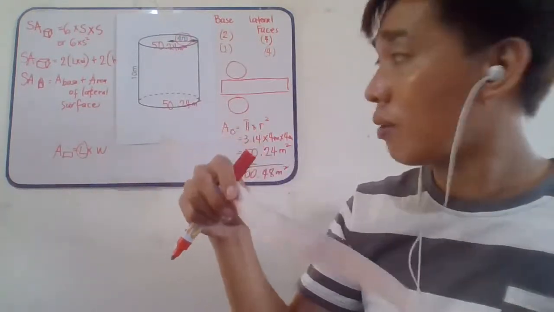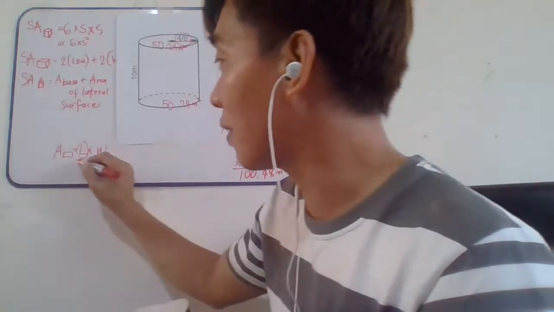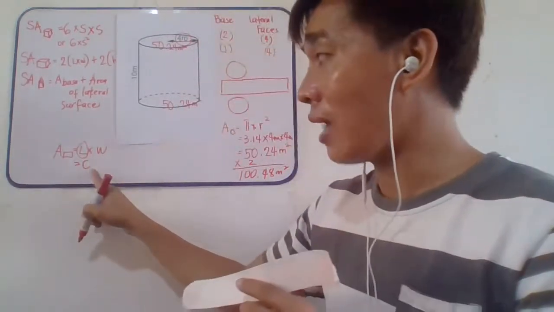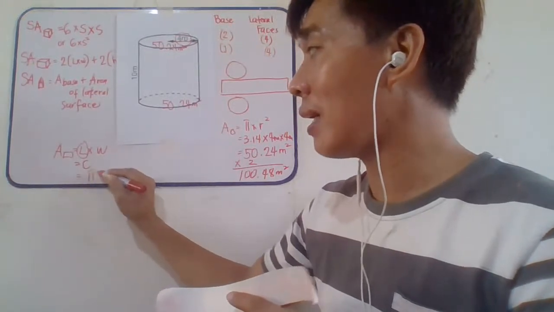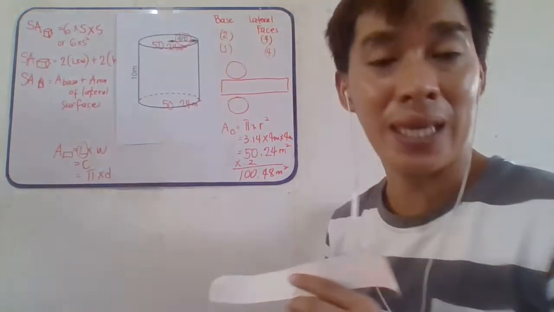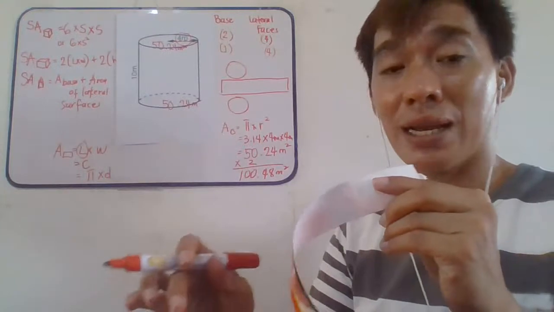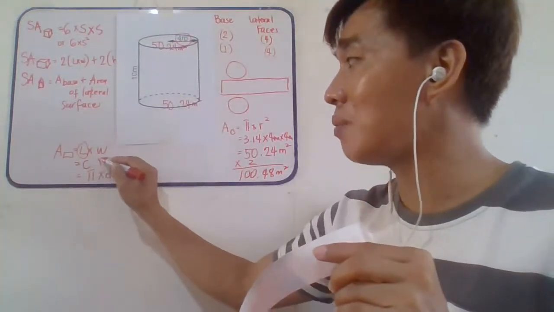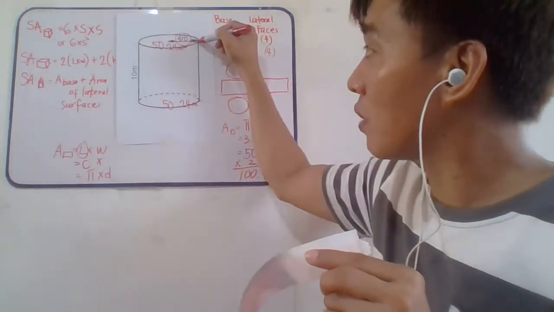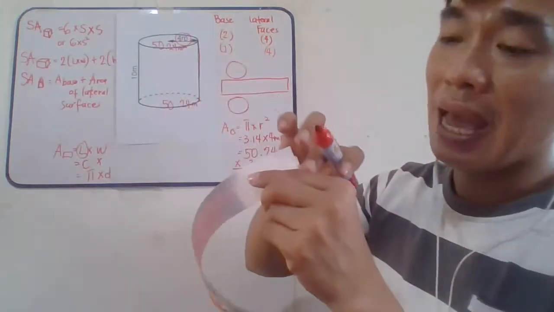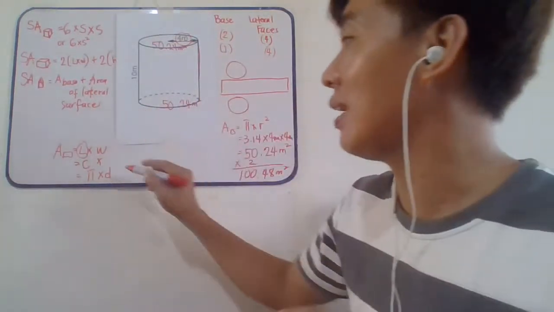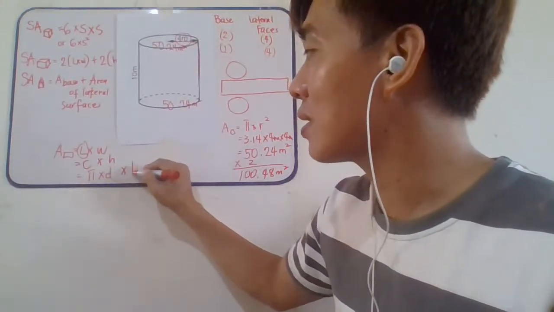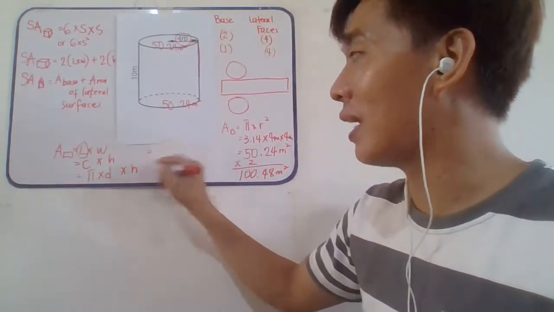Okay, so the length here is the circumference. And to solve for the circumference, that is equal to pi times d. So therefore, the length is pi times d times the width, which here is the height of the can. Okay, so let's solve it now.